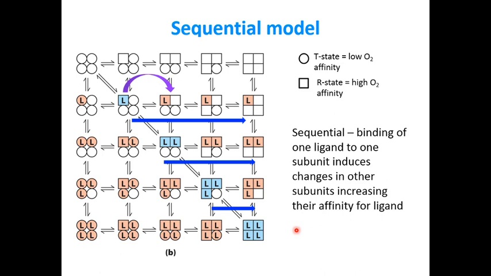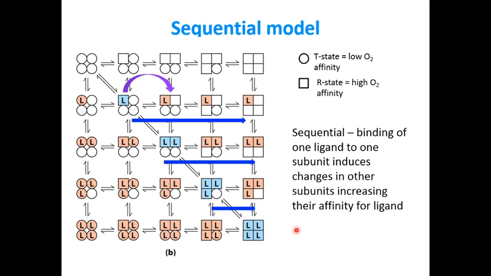Now, what I need you to take away from these two models is that proteins that use cooperativity to bind a ligand undergo conformational changes, and these conformational changes result in further binding of more ligands, and this can happen via multiple mechanisms.